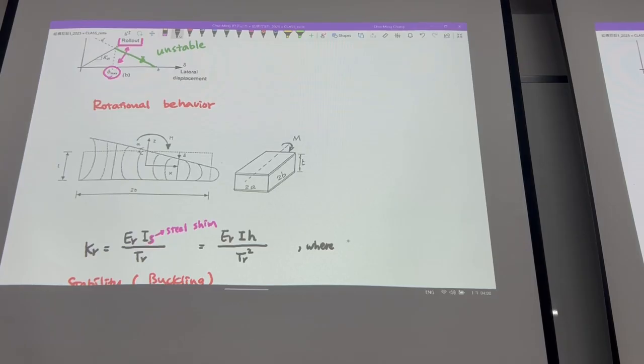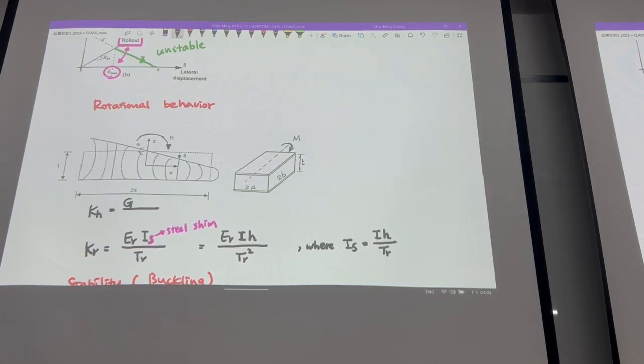So that the IS will be I times H divided by TR. Okay. KH is the same.